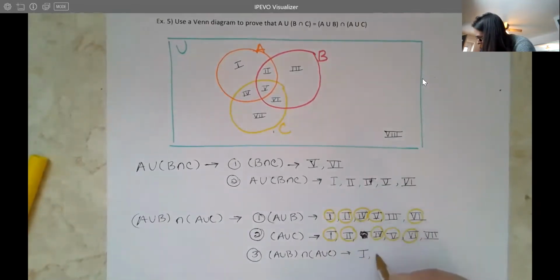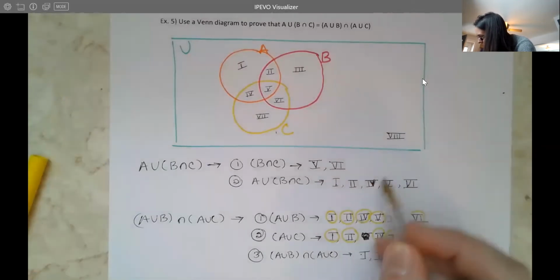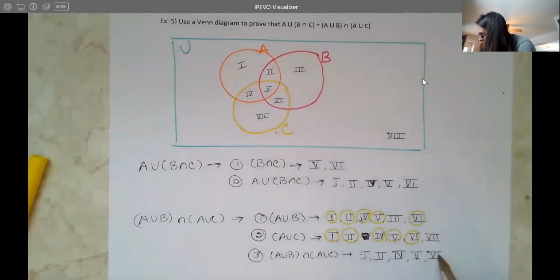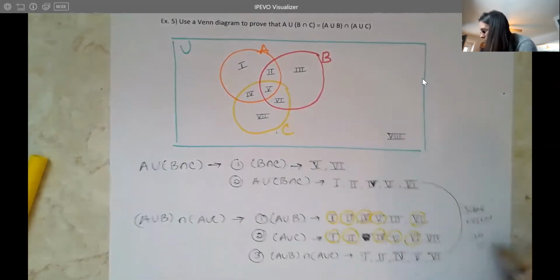So 1, 2, 4, 5, and 6. And notice this matches here: 1, 2, 4, 5, 6. So these are the same regions, and we have equality.